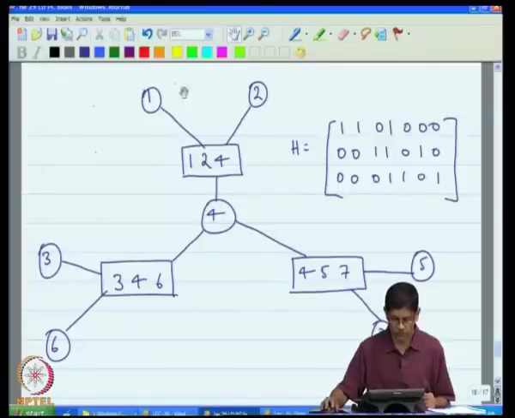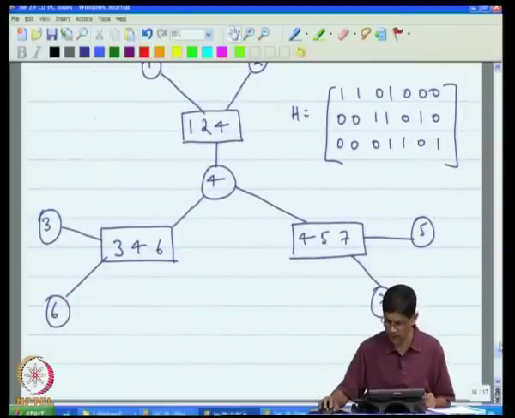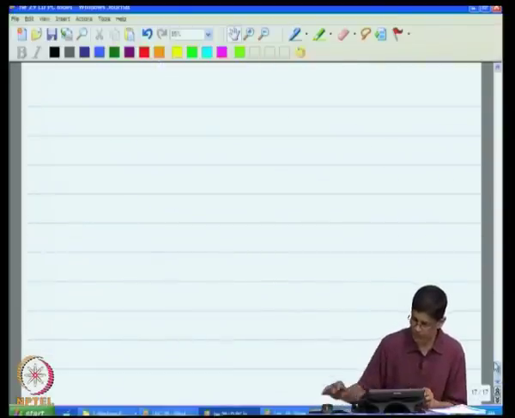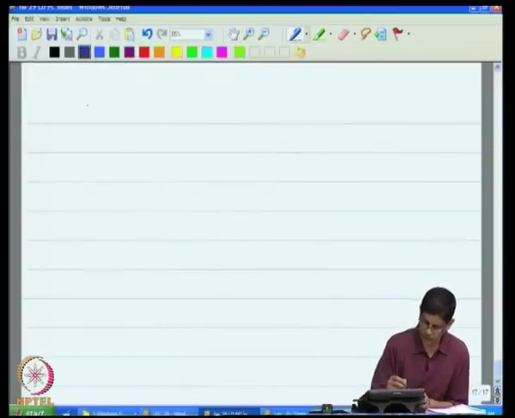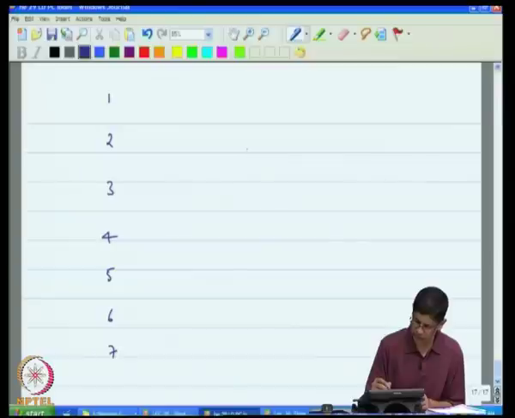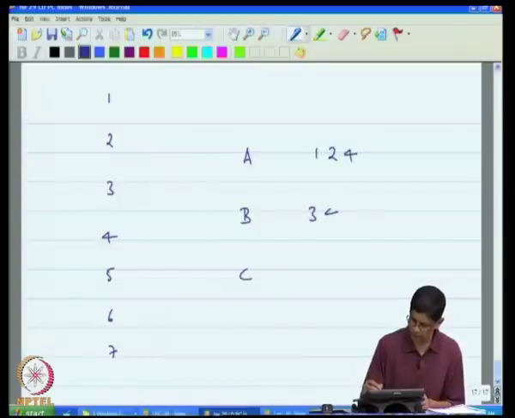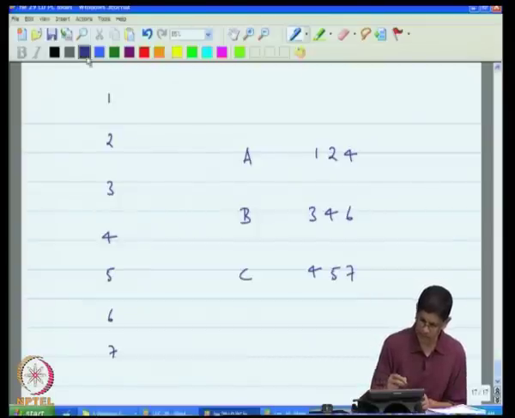There are 7 code symbols, and each of them is associated to a node in the graph. I can redraw this graph in the following way, in the fashion of a Tanner graph. I can put down the variable nodes on the left, and the check nodes on the right. So, this corresponds to 1, 2, 4; 3, 4, 6; and 4, 5, 7.